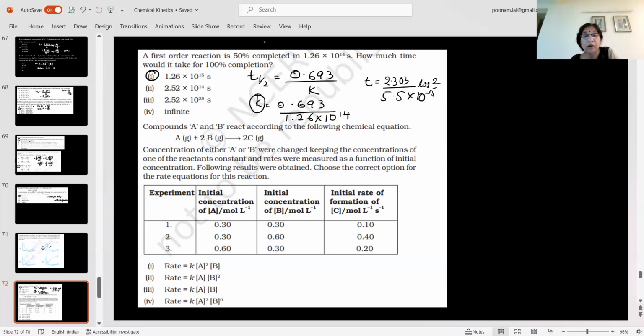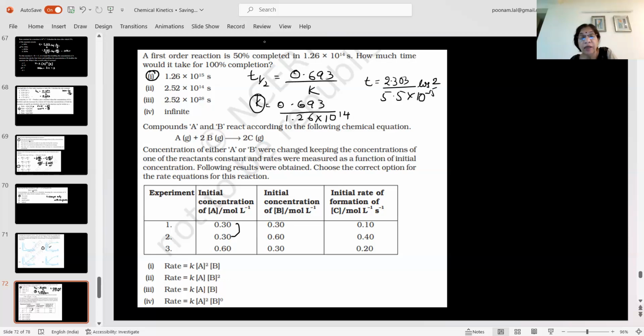Keeping the concentration of A constant, when I double the concentration of B, the rate becomes 4 times. So when I double it, the rate becomes 4 times, that means with respect to B, it is second order.